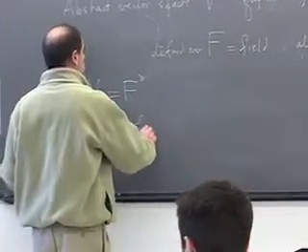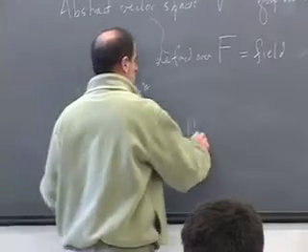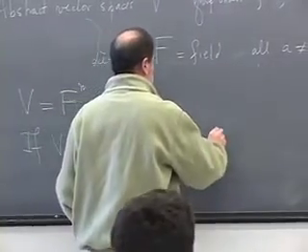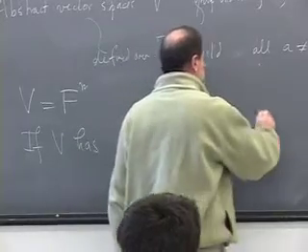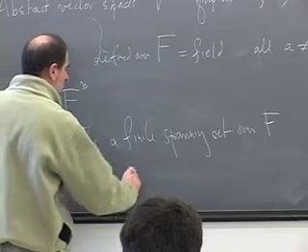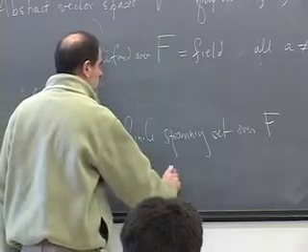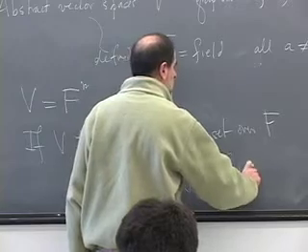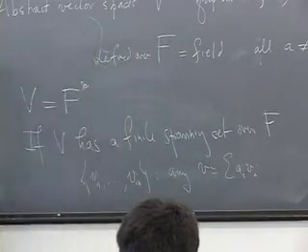if V has a finite spanning set over F, namely we can find a collection of vectors v1 through vn such that any v has the form summation of ai vi, some linear combination of those.